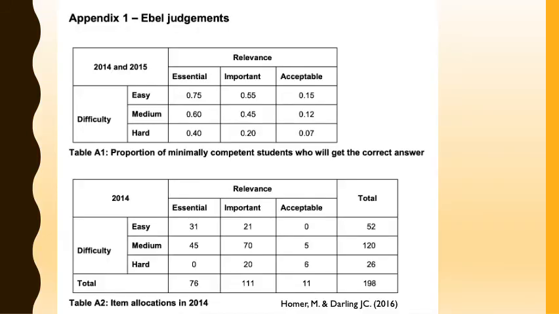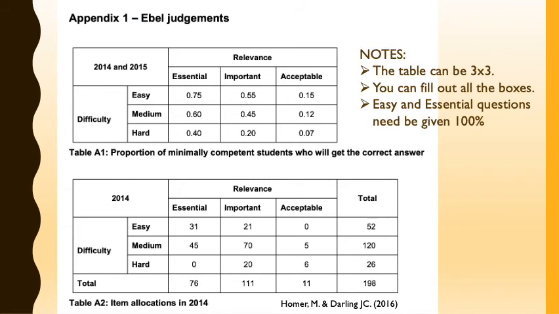This is another format that you can use wherein in the first table they cross-reference, no? The essential, important, acceptable are the columns, and the rows are the difficulty: easy, medium, and hard. And the next table is the number of items allocated for each group. Okay.